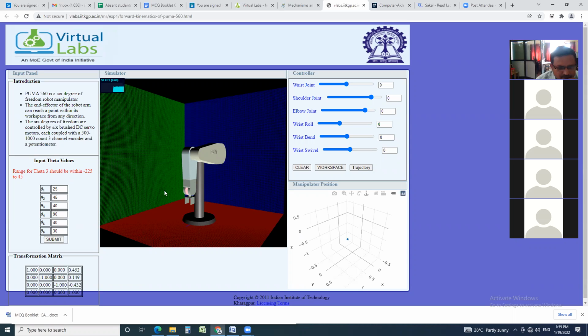Now you just see how this robot will move. The robot arm will move.